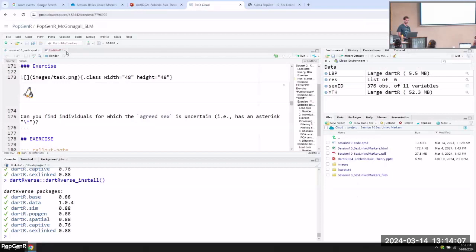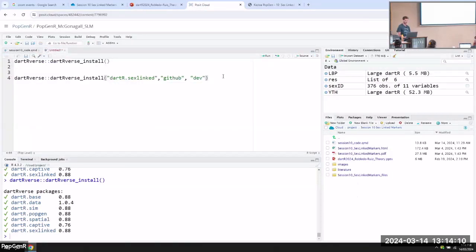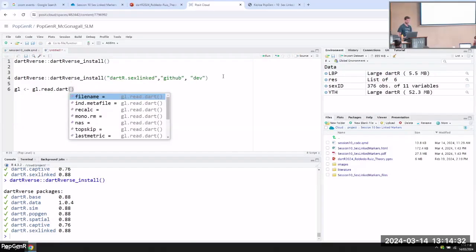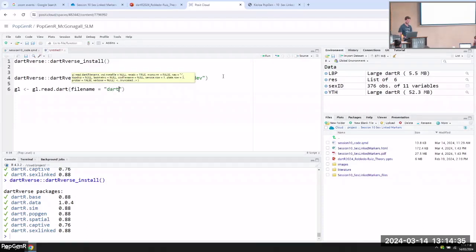And I think for this, we'll just leave it here. So here's how to install it on your local computer or upload it to the Posit cloud. And you just read your data in, with tl.read.dart, then you have your Dart file, and your individual metadata.